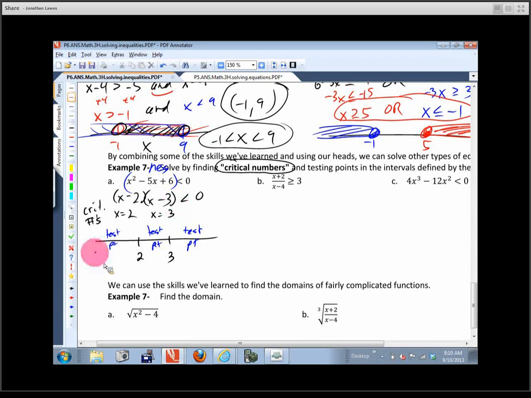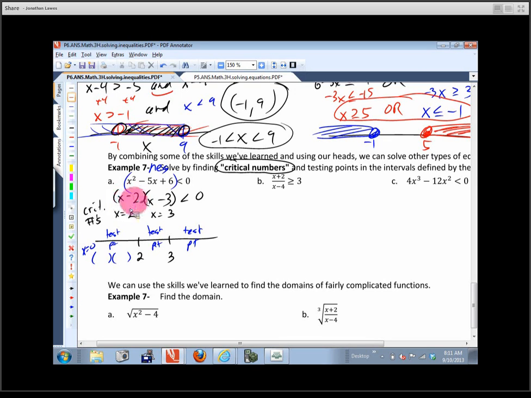So here's what we're going to do. We're going to pick a number that's less than 2. We're going to pick a number in this little interval right here. Now, what's the easiest one to pick? 0, okay? Now, we're going to plug in a 0. So if we pick x equals 0, all we're going to keep track of is, what's the sign of this factor right here? If you plug in a 0, what do you get?